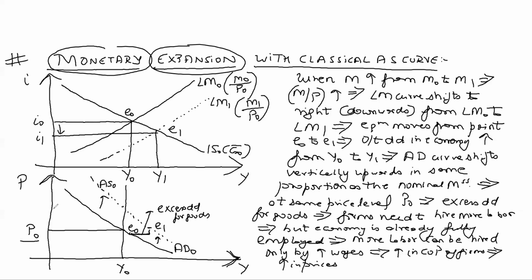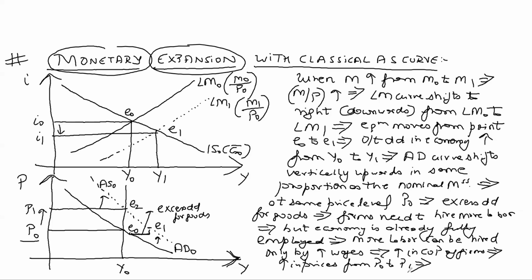So prices start rising from P0 to P1. And when prices rise, prices will rise in exactly the same proportion as the money supply.